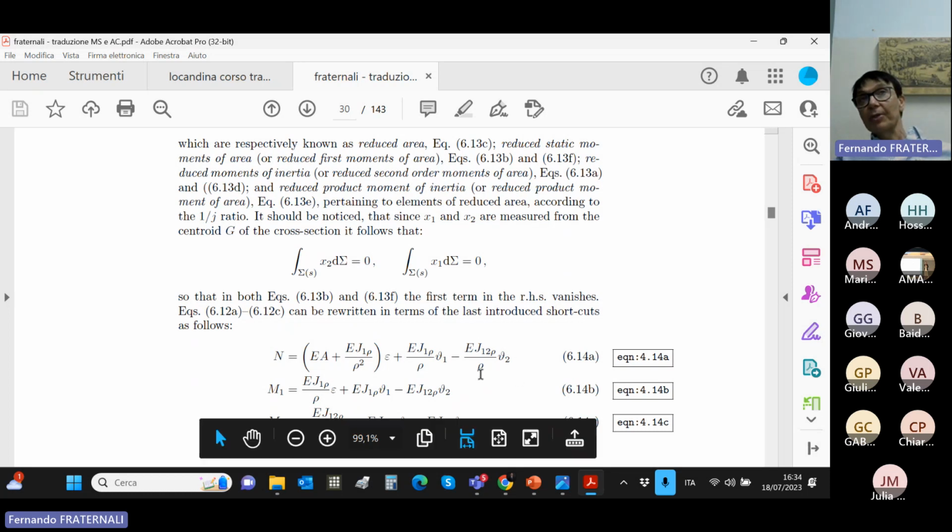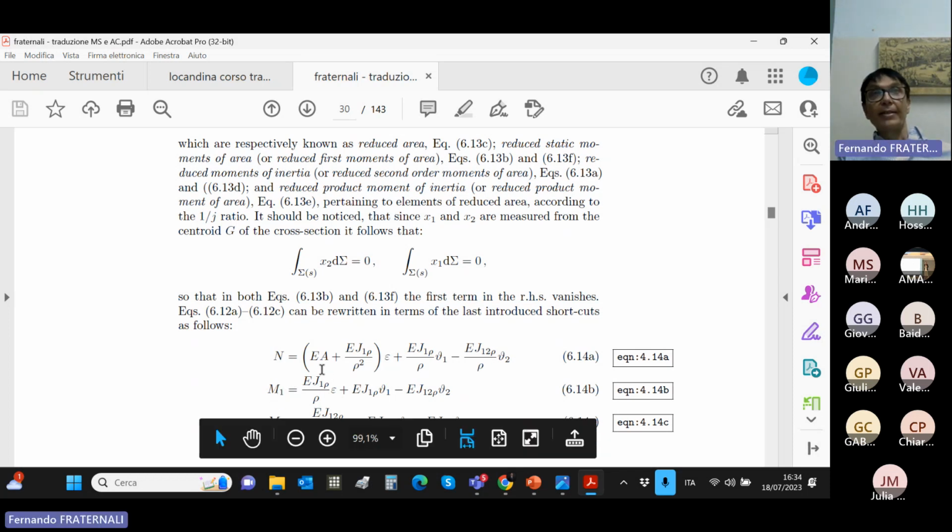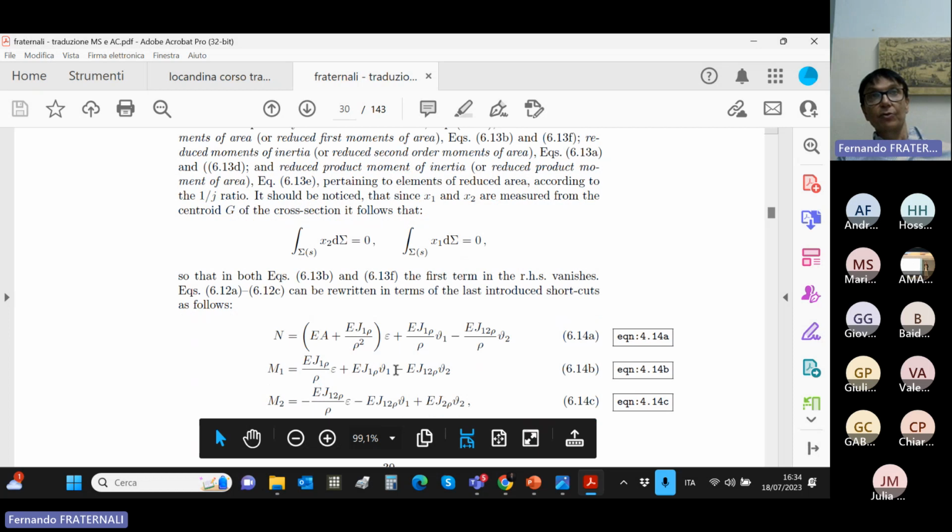You see these two couplings. We have this J1 rho and J2 rho. Assume that rho goes to infinity. This becomes the standard moment of inertia. But then we have a rho; if rho goes to infinity, those coupling terms go to 0. M1 is related to epsilon and also to theta1, which is the classical term. And also you have these two.